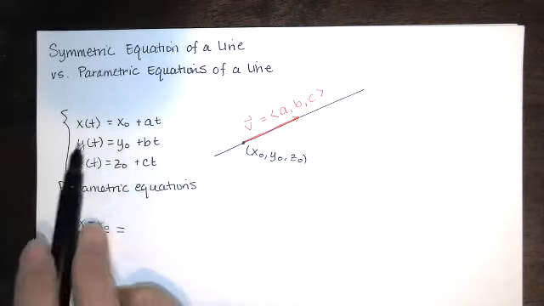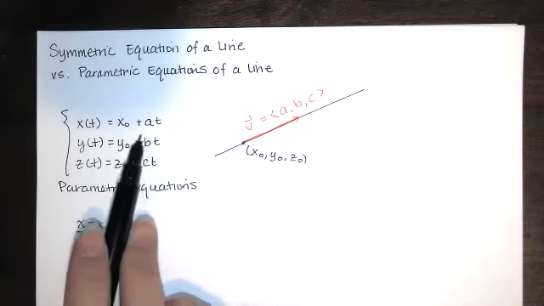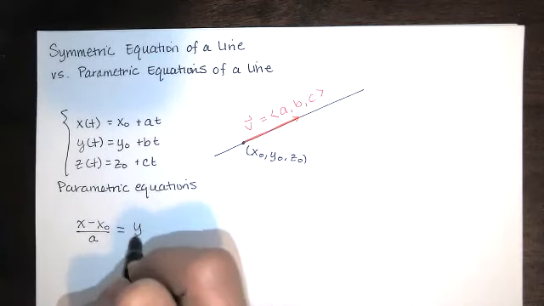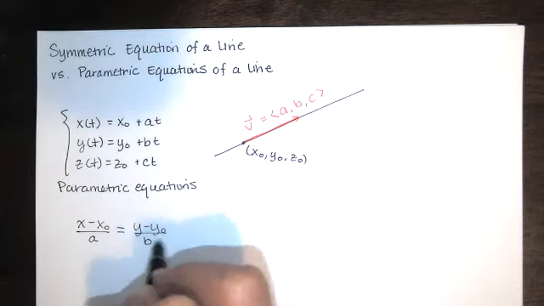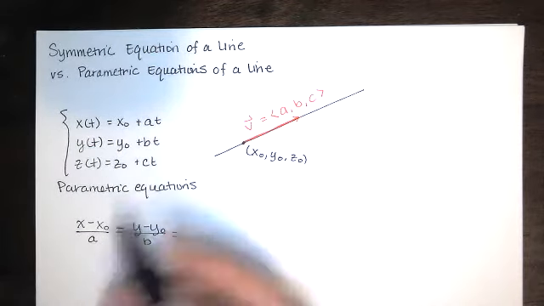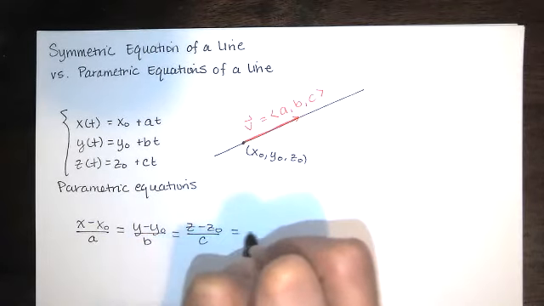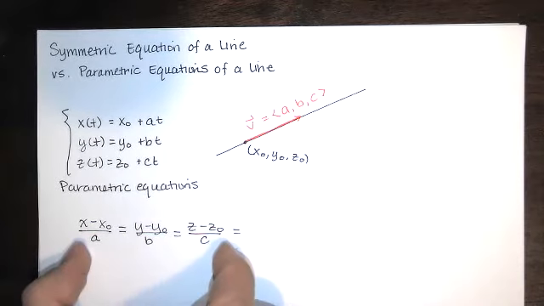And if I do the same thing here, solving for t, I get y minus y naught, and then divide by b, that would be equal to t. And I can do the same thing here. I've got z minus z naught, and we divide by c. And this is what is called a symmetric equation of a line.